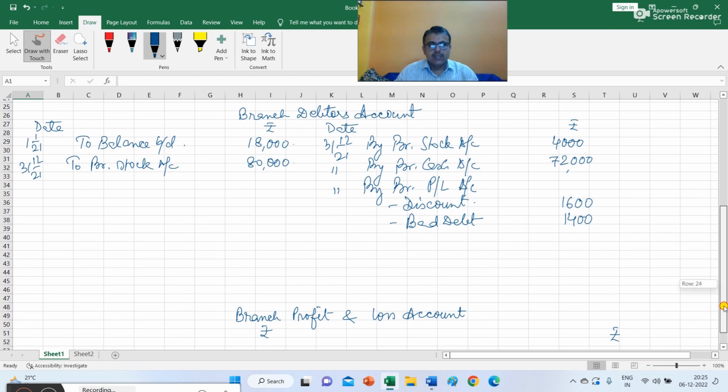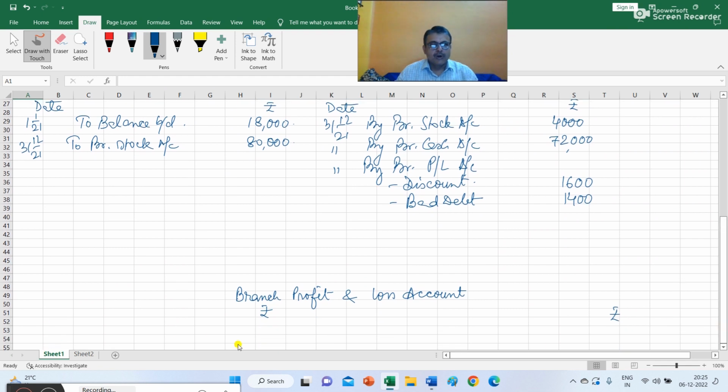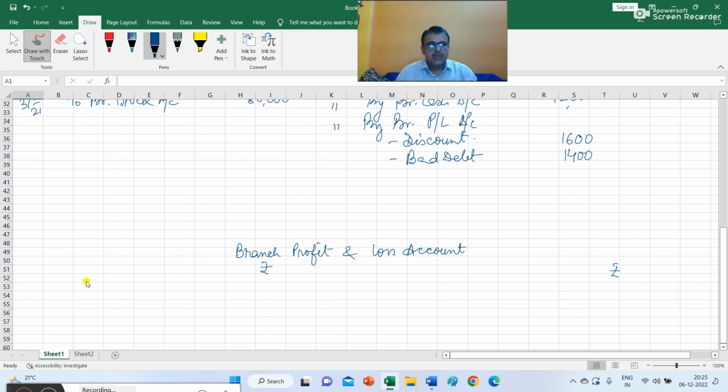So you have to record these transactions in branch profit and loss account also. So in branch profit and loss account, you have to write to branch debtor account, discount allowed is for rupees 1,600 and bad debt is for rupees 1,400.